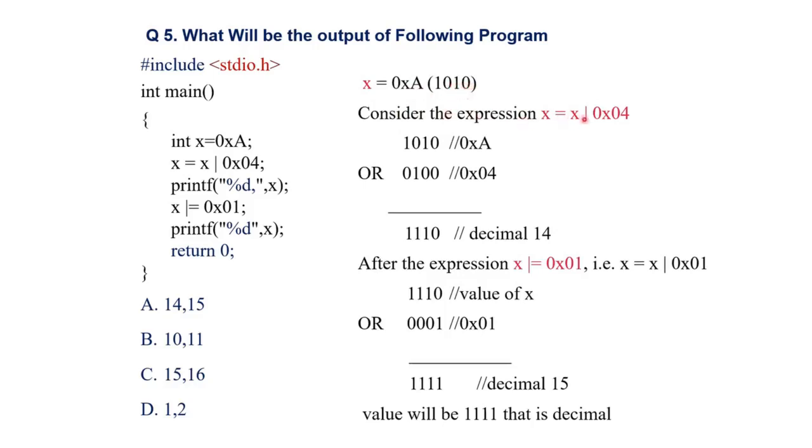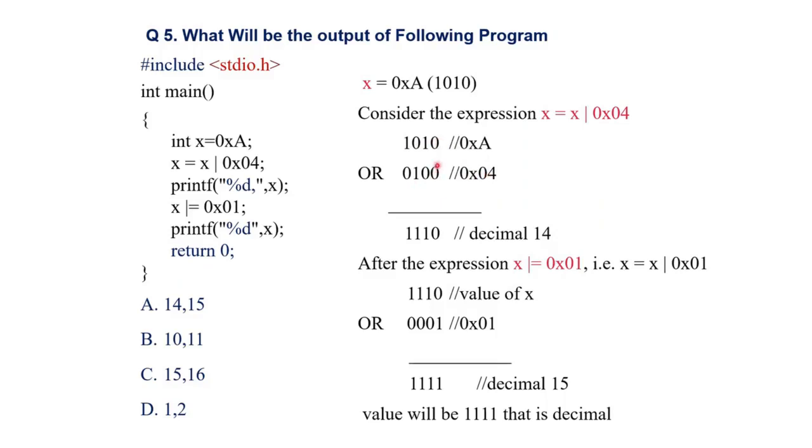So now consider this expression. Let us solve this expression, x OR 0x04. The value of x is 0xa, the binary equivalent of 0xa is 1010, and the second operand is 0x04. The binary equivalent of this hexadecimal number is 0100.